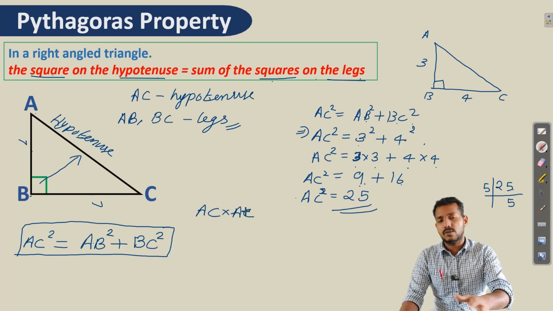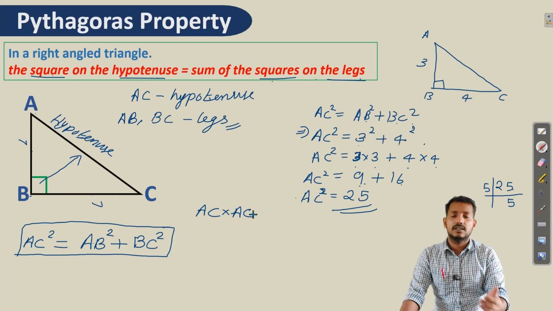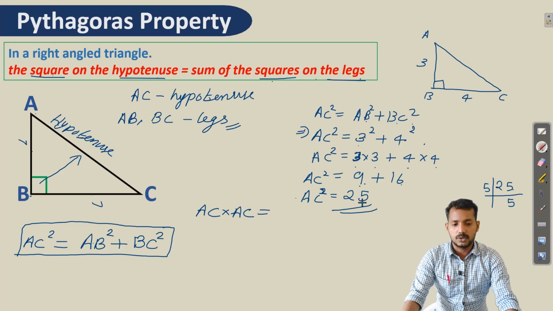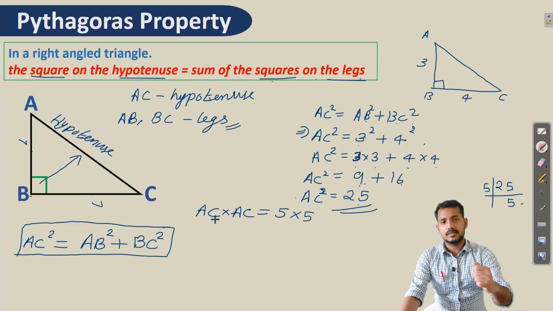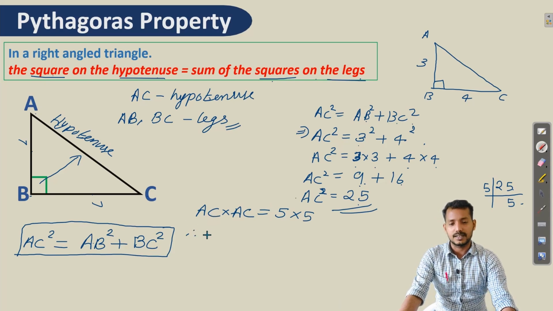What is the meaning of square? When a number is multiplied with itself, we call that a square. That is equal to 25, which prime factorized is 5 into 5. Then can you guess what is the value of AC? Of course, AC is equal to 5 centimeter.